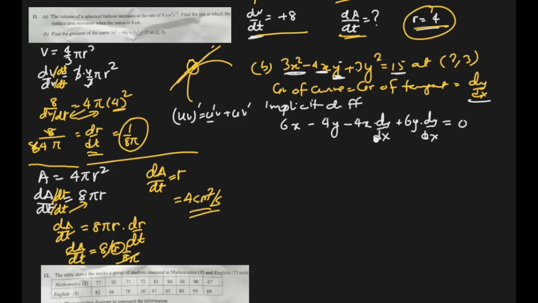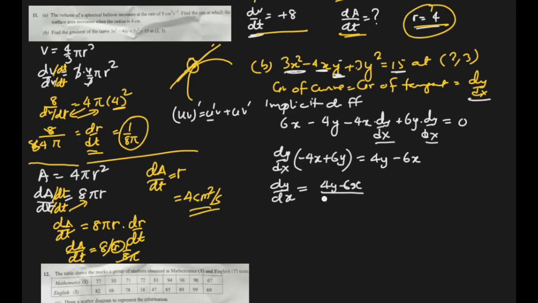Now we want dy over dx, so take dy over dx common here. It will be minus 4x plus 6y. And these two I can take to the right side. It will become 4y minus 6x. So dy over dx equals 4y minus 6x divided by minus 4x plus 6y, right?